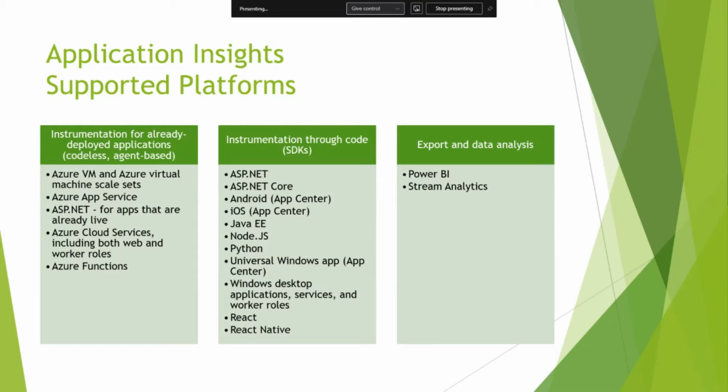You can do it with desktop apps. If you use App Center and Xamarin, you can tie into mobile apps. And so there are ways to instrument and get telemetry on things running in the cloud, running on-prem, or running on your phone. It also has export, like I said, and integrations with Power BI and Stream Analytics. So you can consume and analyze some of the outputs in any way you want.